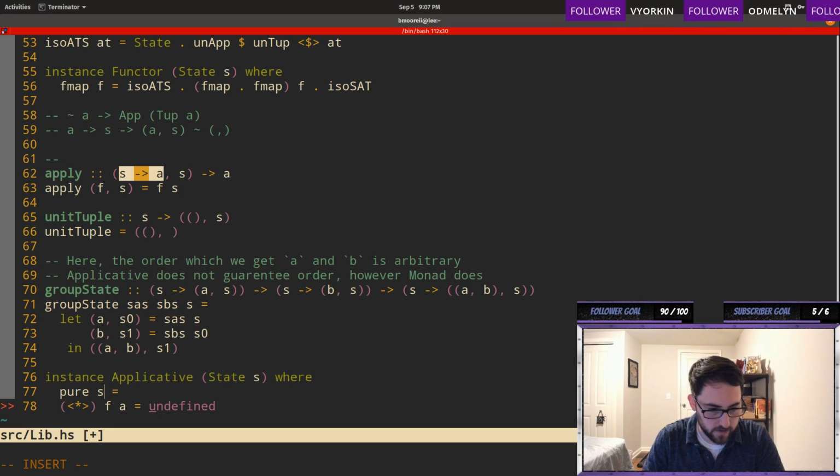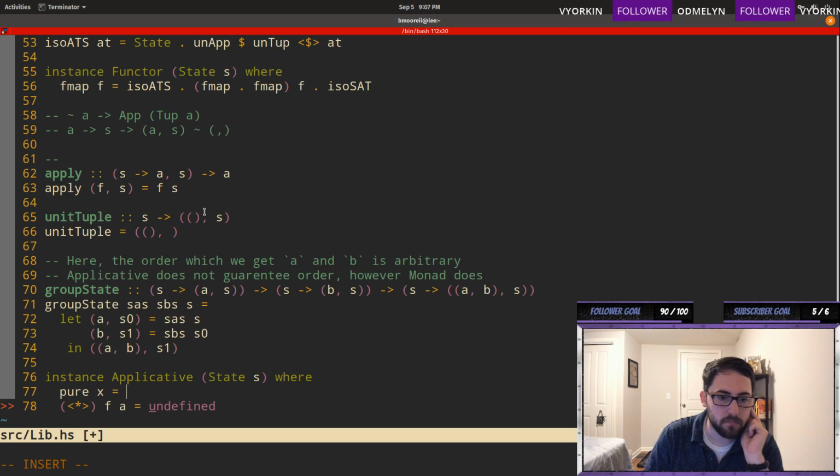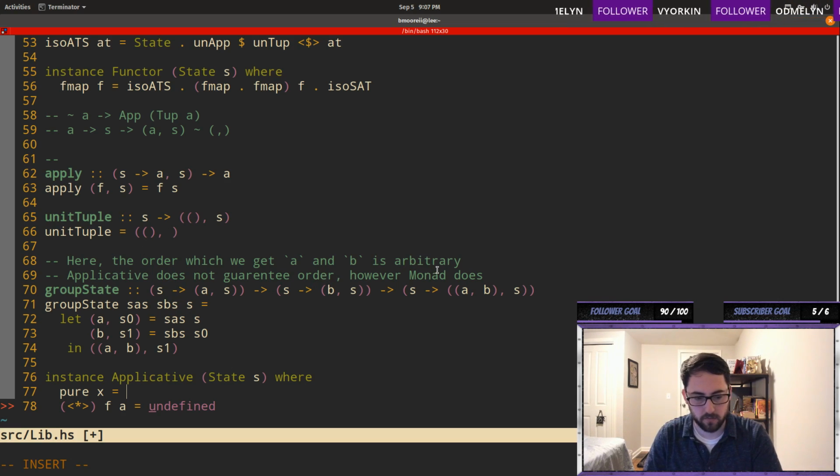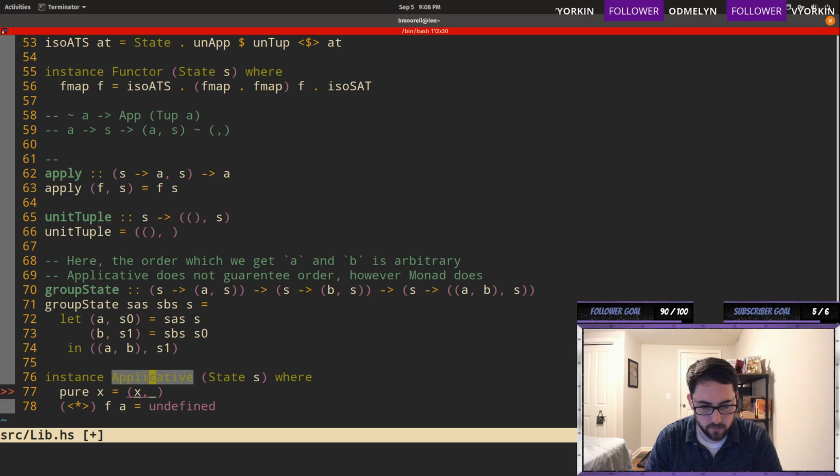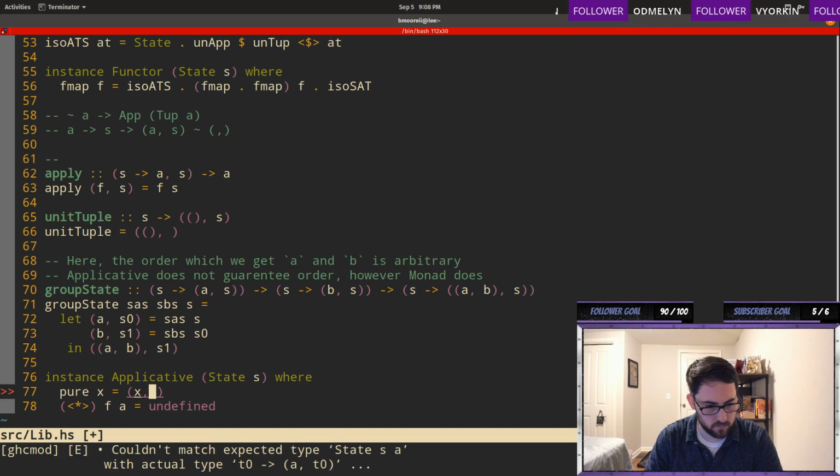Oh, it's really an X. I mean, we don't need any of these functions, right? It's just pure is the same. Put a space there.